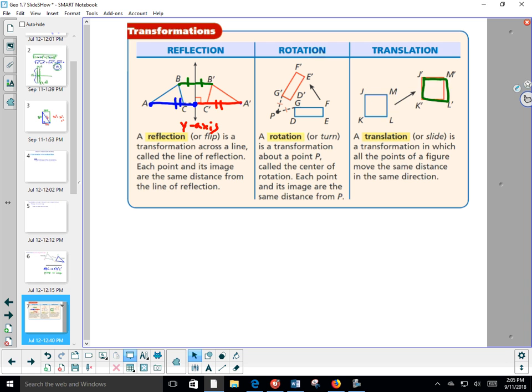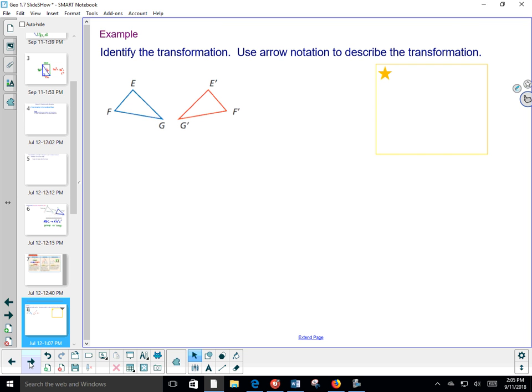But to get there, we're probably going to have to say, let's slide it 8 units to the right and 3 units up, or something like that, to accomplish that slide transformation.